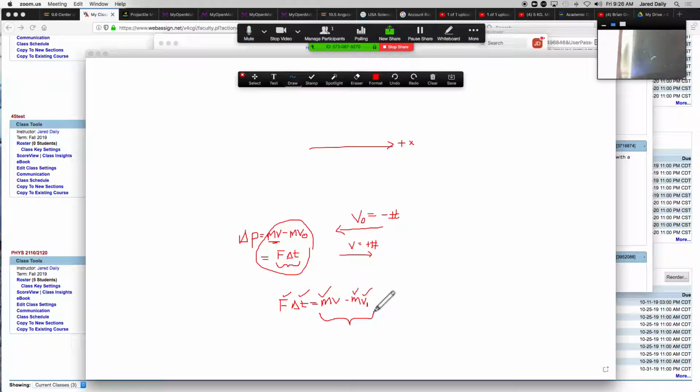And since they're just asking for the speed and not the velocity, then you just take the number that comes out of this equation and take the absolute value and plug it in for your answer. Because they're only asking for the speed. They don't really care what the direction is for this. Does that make sense?